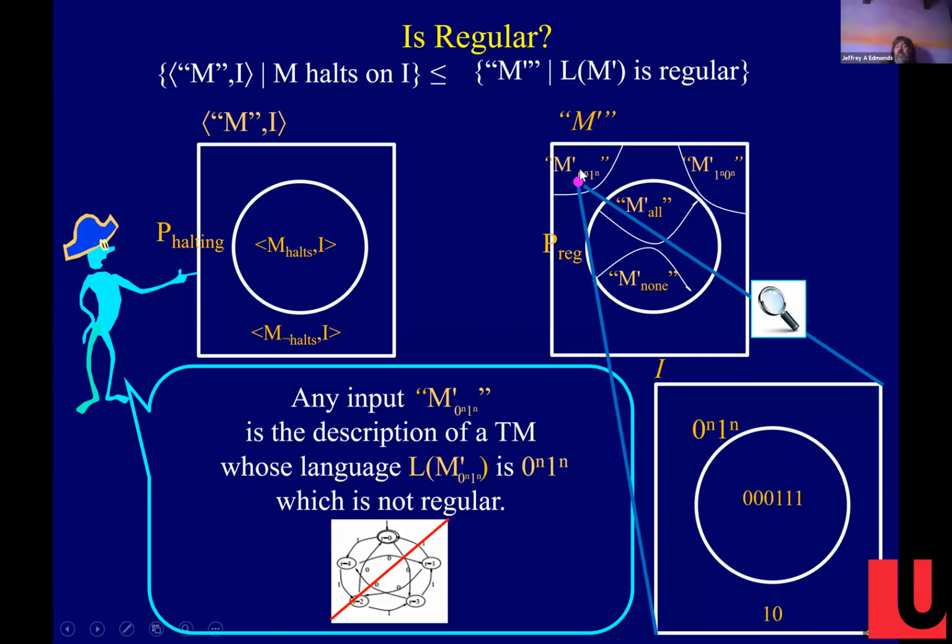This is a Turing machine whose language is 0^n 1^n. Remember, we need the oracle to say no. At some point, the oracle has to say no, or else it's not discerning.